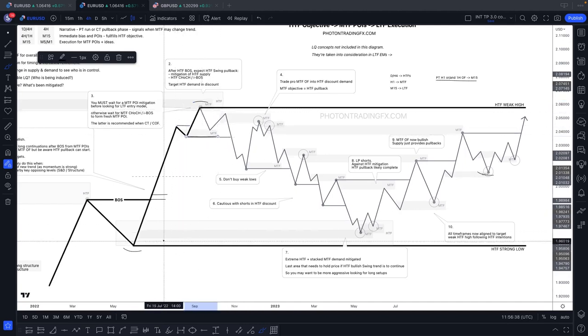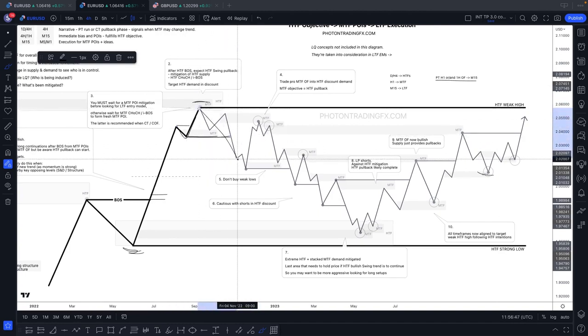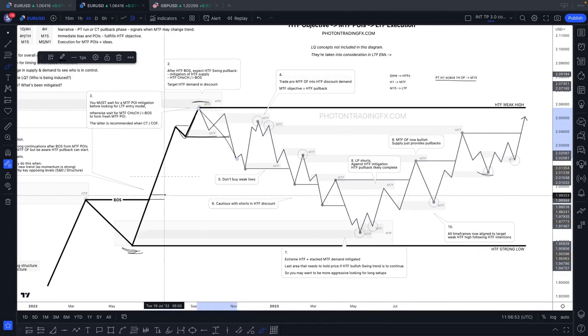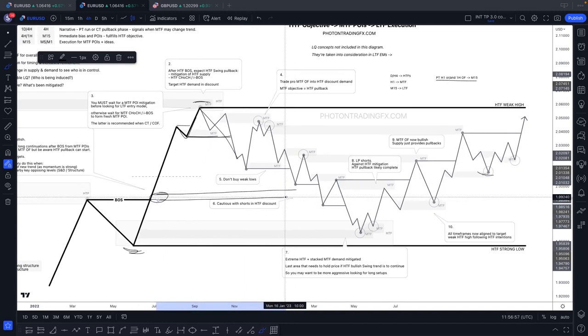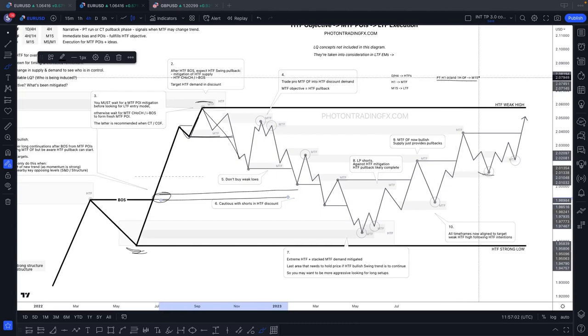So H1 swing leg is bullish, and order flow after this change of character is bearish. So you have bullish swing, bearish order flow. Imagine this is a POI that you want to trade, because it's high probability with all those confluence. Let me see if I can use M15 straight away.